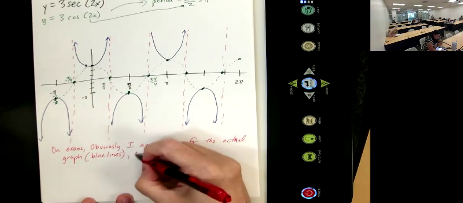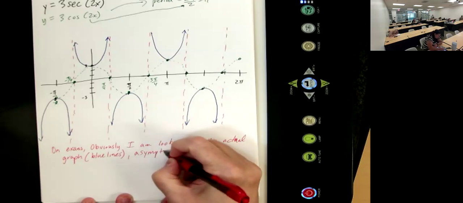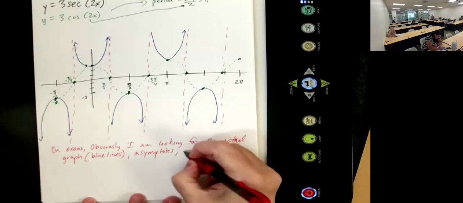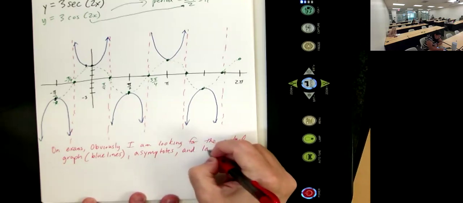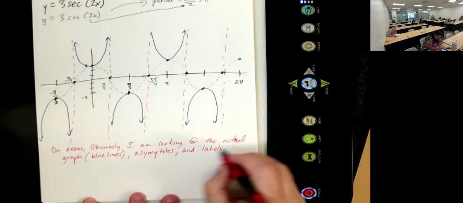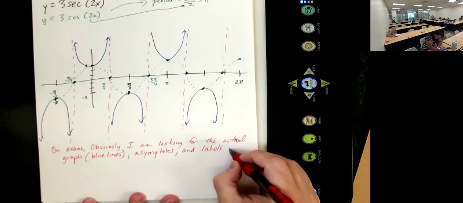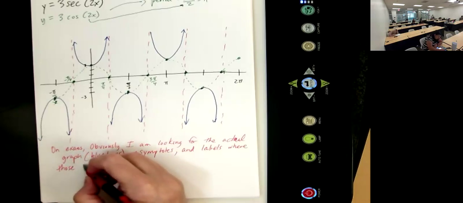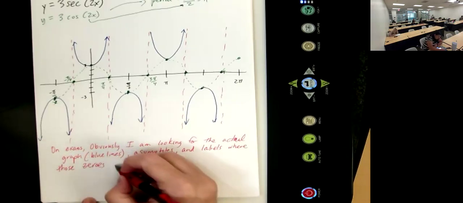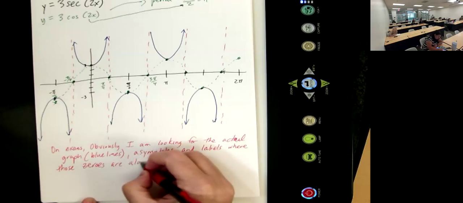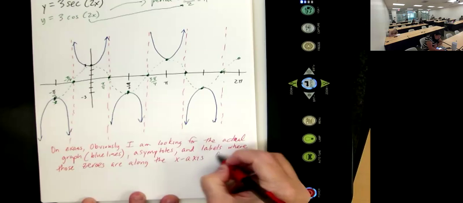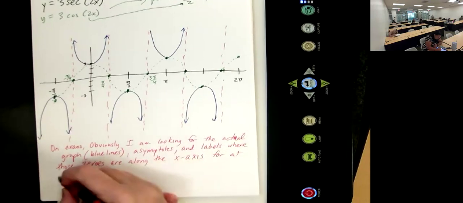I'm looking for the asymptotes and labels, where those zeros are along the x-axis, for at least one full period.